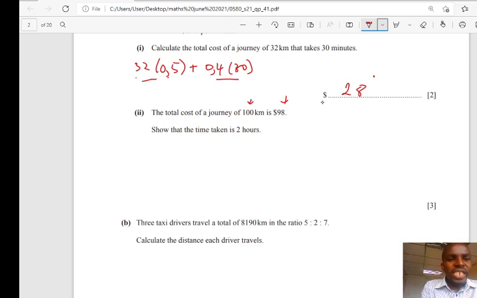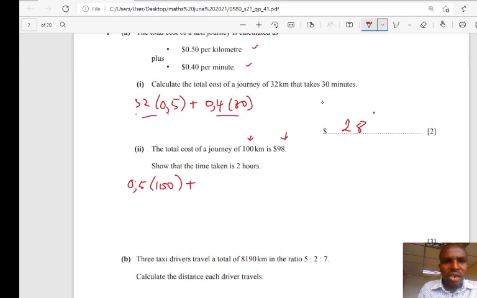So in this one, how many kilometers is 100, cost per kilometer 0.5 times 100 kilometers plus the cost per minute, 40 cents, 0.4 times now the minutes that this one took.